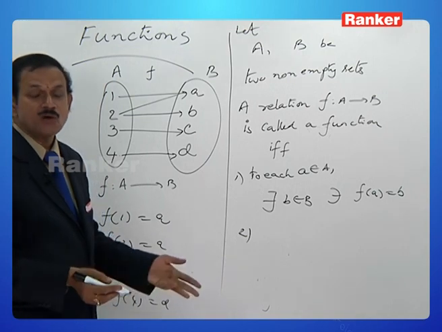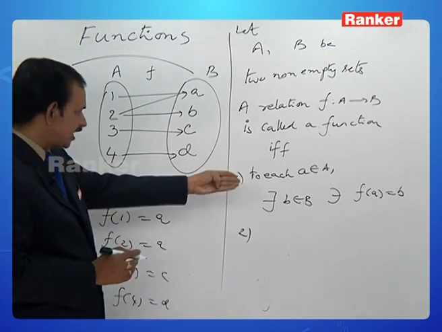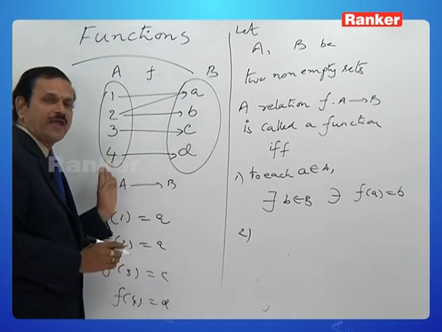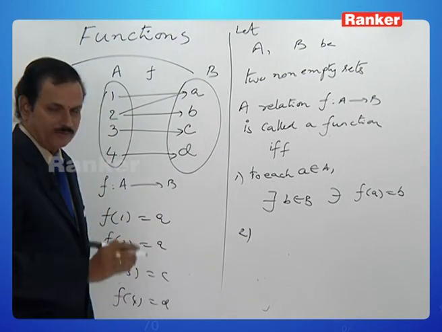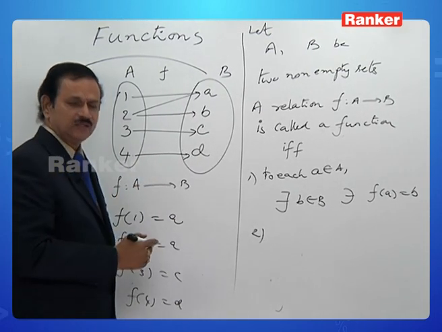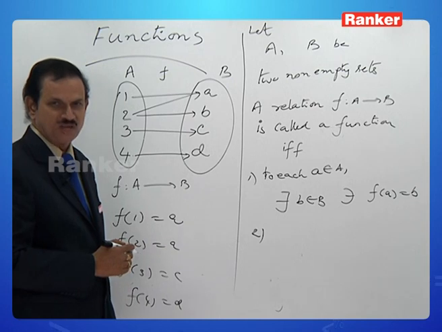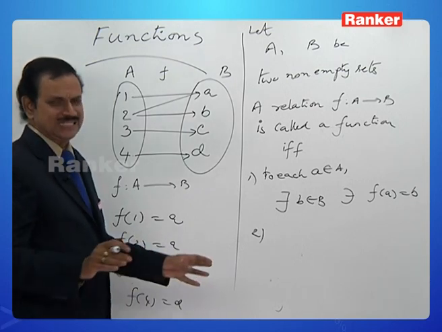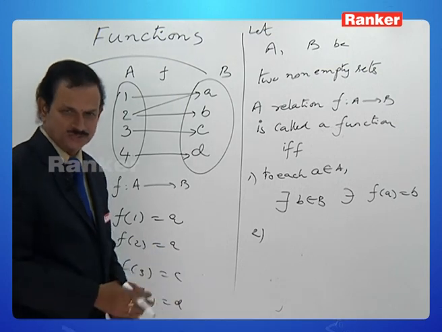The second rule says that no element in the set A is supposed to have more than one image. No element in the set A is supposed to have more than one image. So this lengthier sentence can be shortened like this.